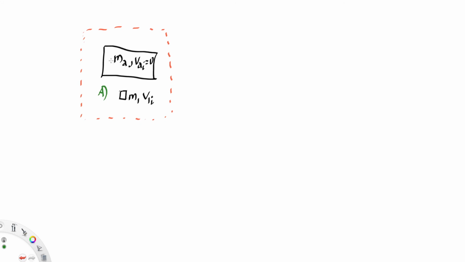And then for B, time B will be right after the bullet has stopped moving inside the block. And so our delta T is just however much time it takes a speeding bullet to penetrate whatever distance into this wooden block. So it's a really short amount of time.